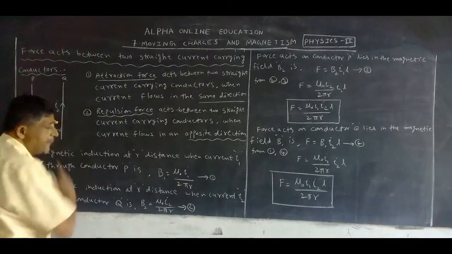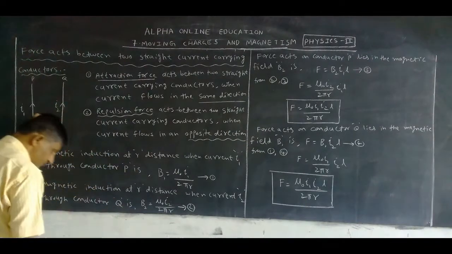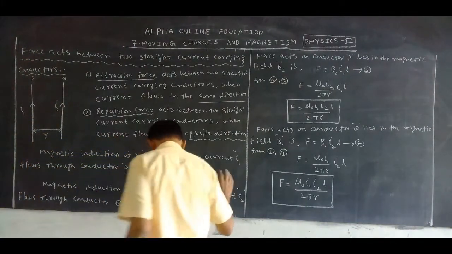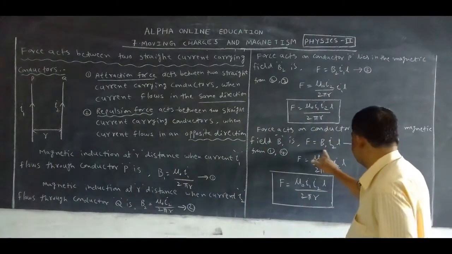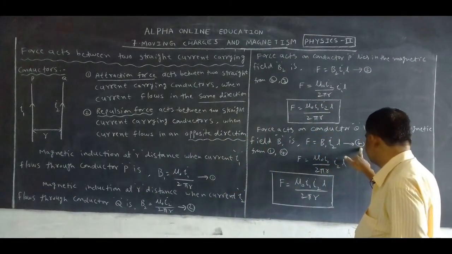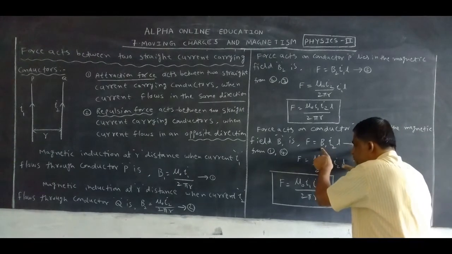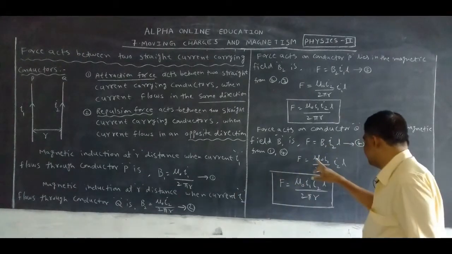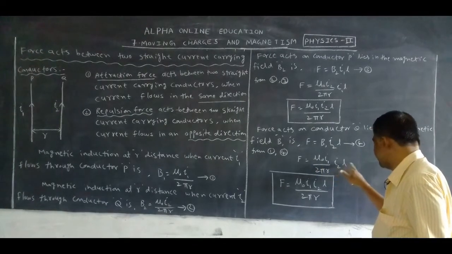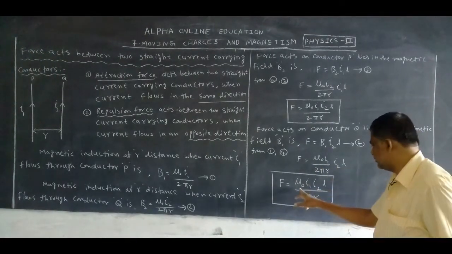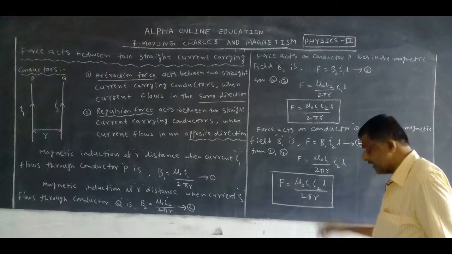Both are perpendicular. Again the force acts. What is the equation for the force? F is equal to B1 I2 L, equation 4. Here substitute B1 from equation 1. So F is equal to mu 0 I1 by 2 pi r times I2 L. So finally F is equal to mu 0 I1 I2 L by 2 pi r.